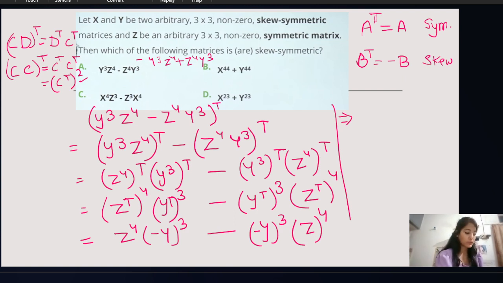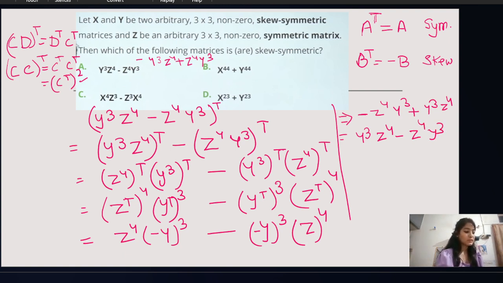This minus will come outside because of minus Y^3. So minus Z^4 Y^3, and minus minus will become plus. So plus Y^3 Z^4, right? So we can write it like this also: Y^3 Z^4 minus Z^4 Y^3.